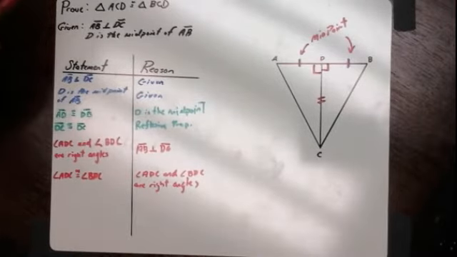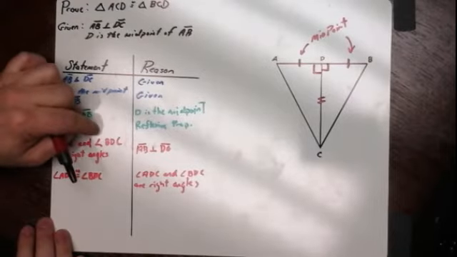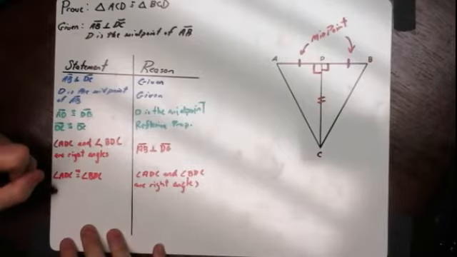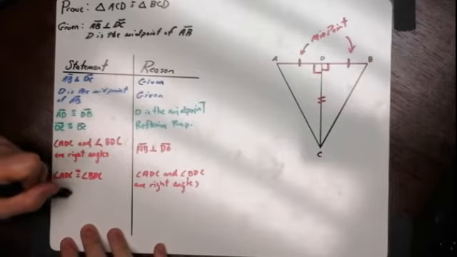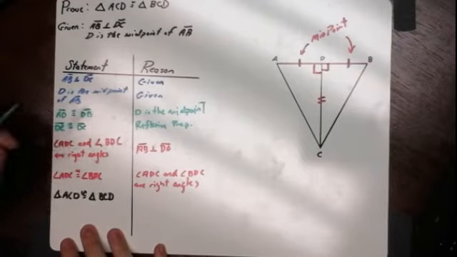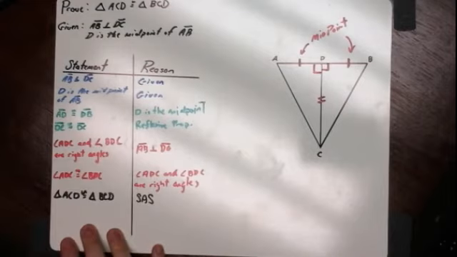Now I can turn around and say, since I established that this is a congruent pair of angles and I have two congruent pairs of sides, I can make the statement that triangle ACD is congruent to triangle BCD by side angle side.